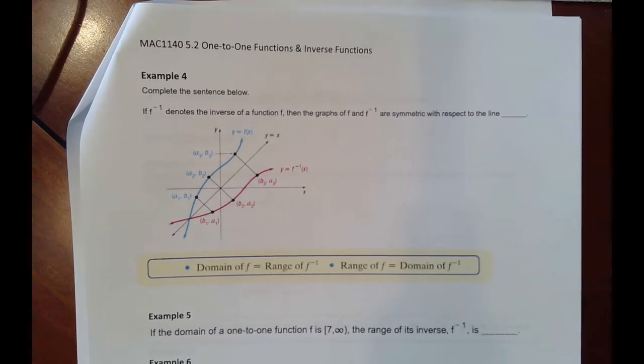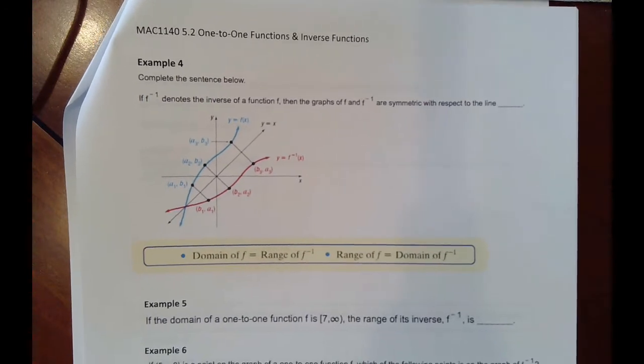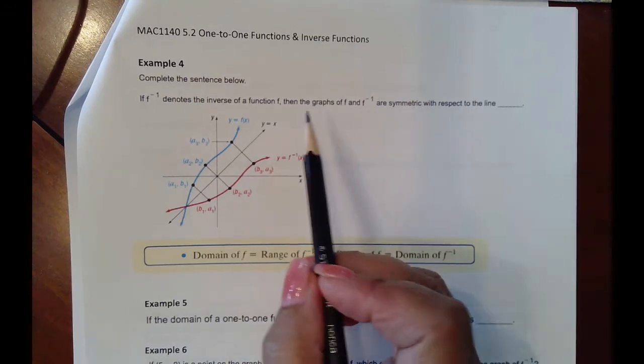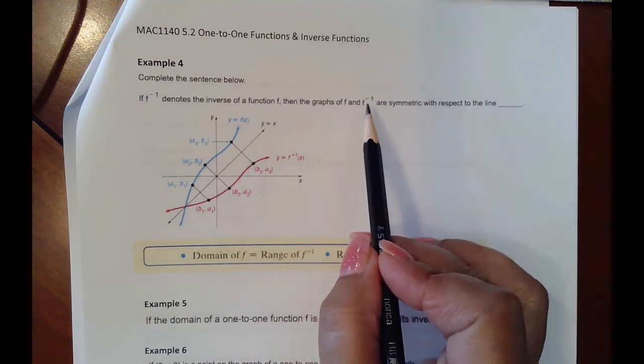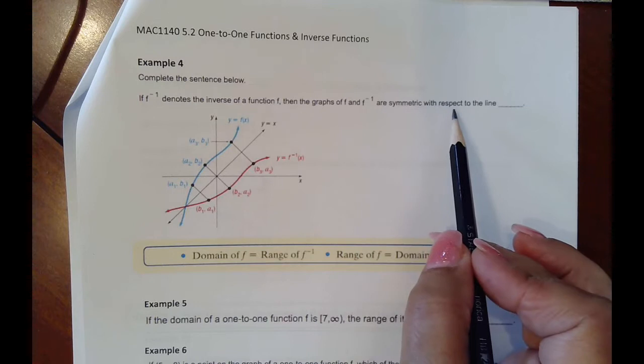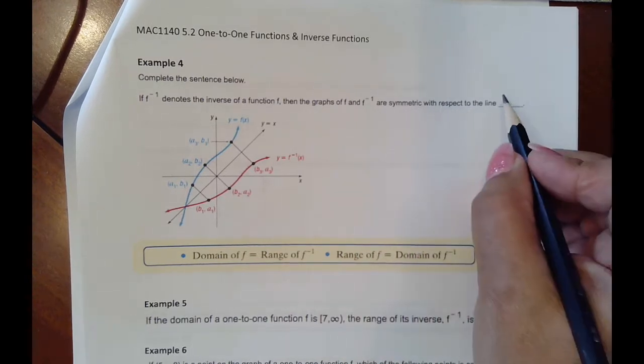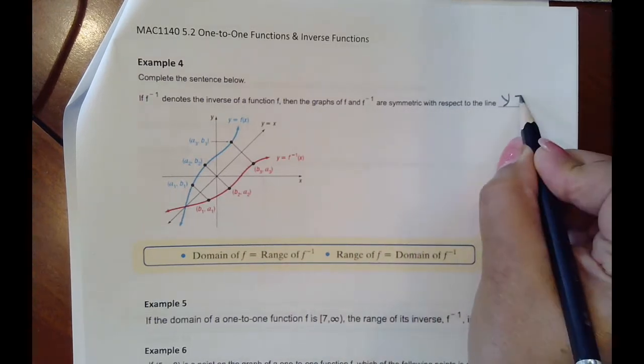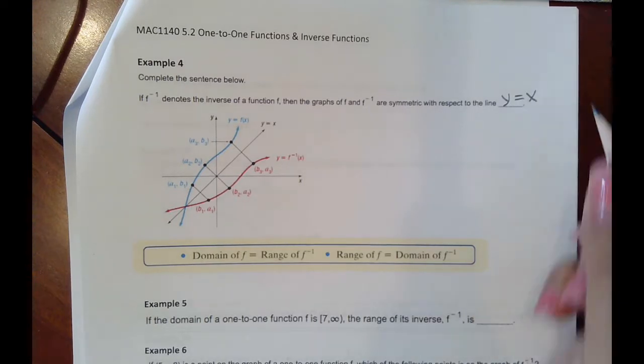There we go. In example 4, this says if the inverse denotes the inverse of the original function f, then the graphs of the original function and the inverse are symmetric with respect to the line y equal to x. And this is just a picture of that.